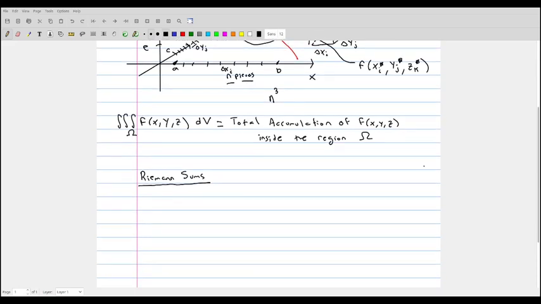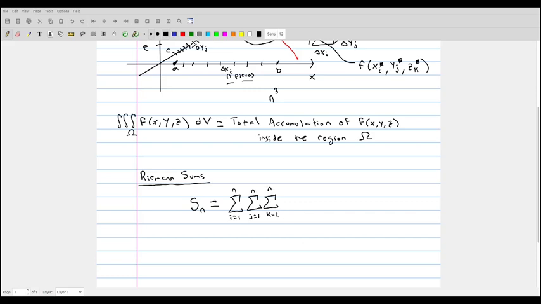So the Riemann sum is going to be the following summation. This is going to be the approximation to the actual value of the triple integral. And it's going to be a triple summation. It's a summation over every single one of these cubes. So the sum from i equals 1 to n, from j equals 1 to n, and from k equals 1 to n.